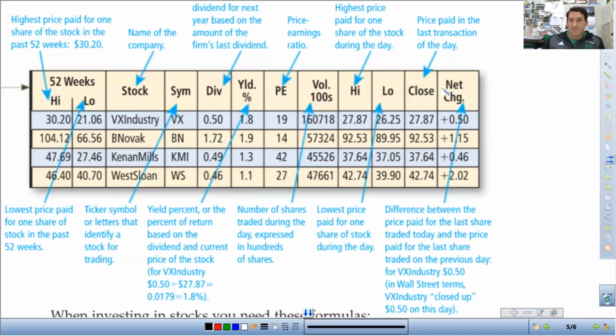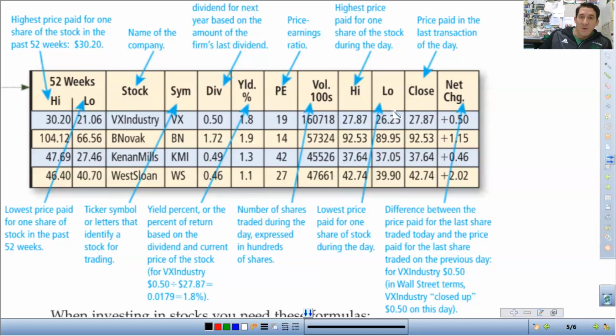So this one, it's had a net change of plus 0.5, so it closed at 27.87. That means it closed 50 cents higher. So it would have started the day at 27.37.